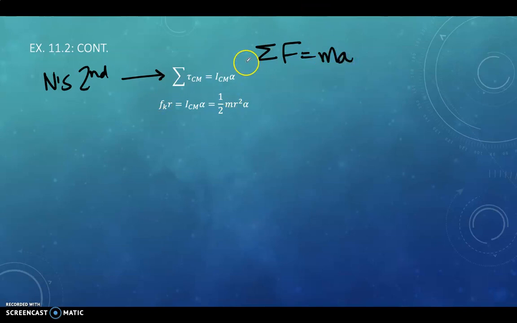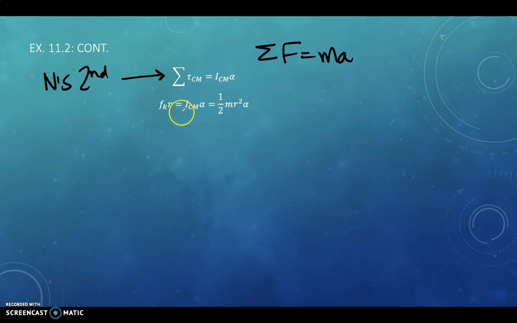We're essentially doing the same thing, but now in terms of torque. So the sum of the torque about the center of mass is equal to I center of mass, the inertia, times angular acceleration. Our torque is going to be our frictional force, f sub k, times R.